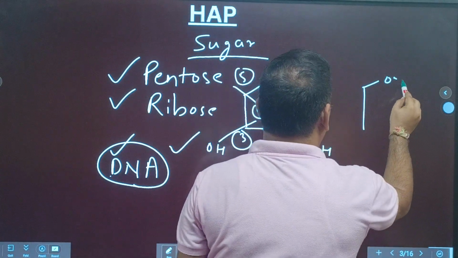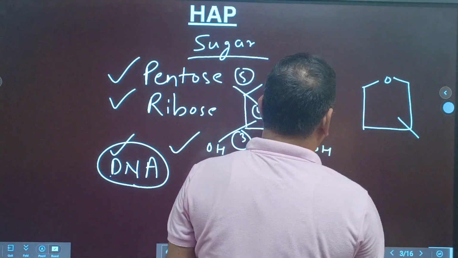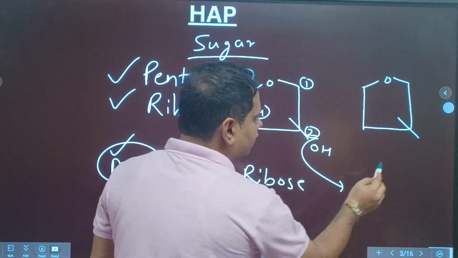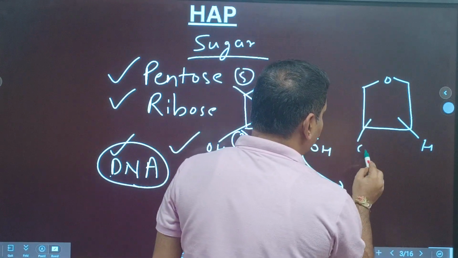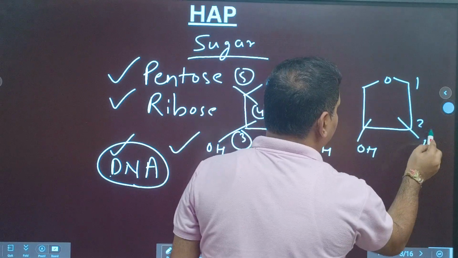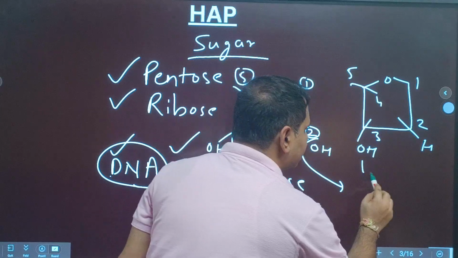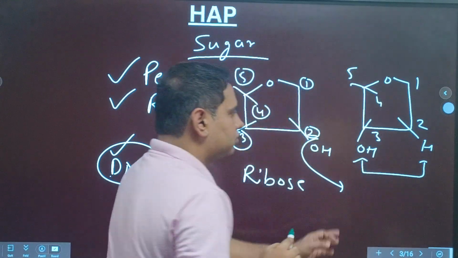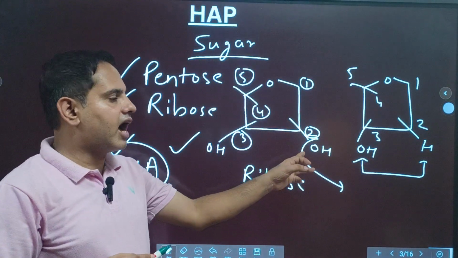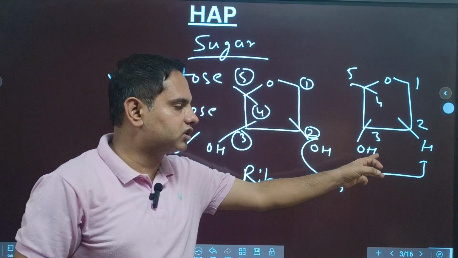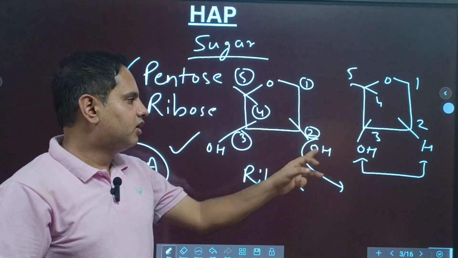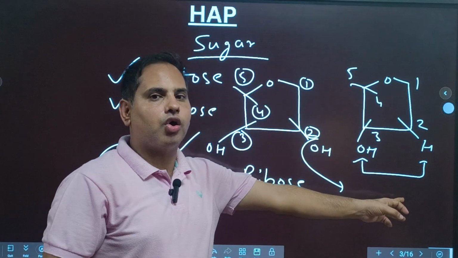This is the deoxyribose where you are removing this oxygen group. So it contains hydrogen, and 1, 2, 3, 4 and 5. This sugar is deoxyribose. This is the ribose, but you have removed the oxygen, right? Deoxy, you remove the oxygen. So when you remove the oxygen, it becomes deoxyribose.